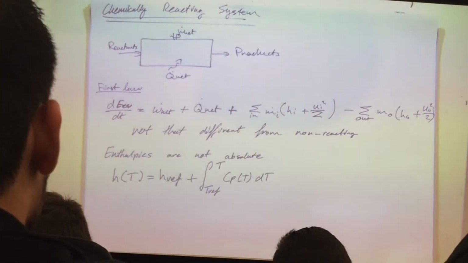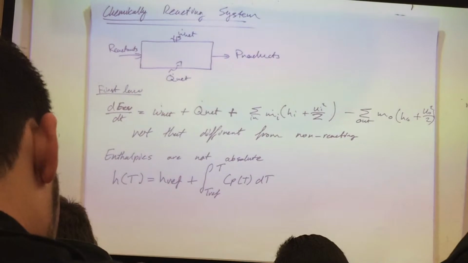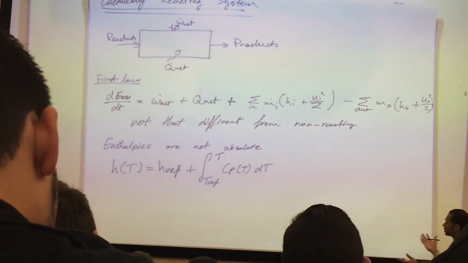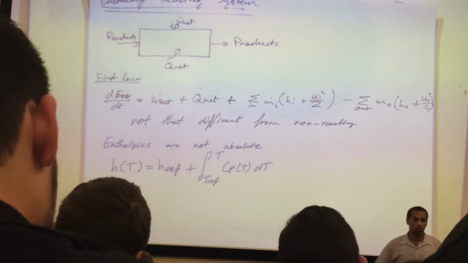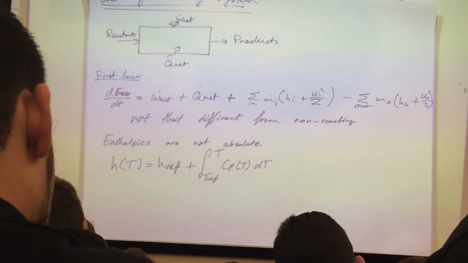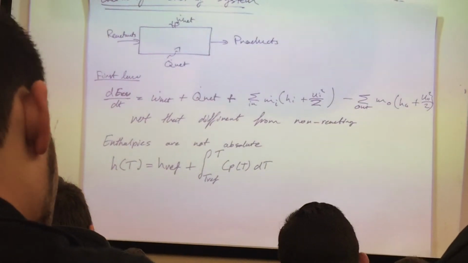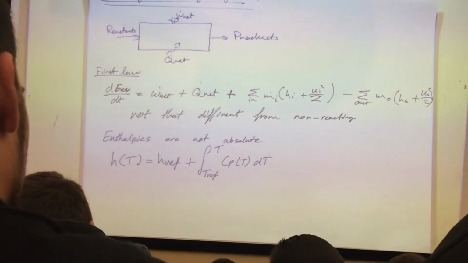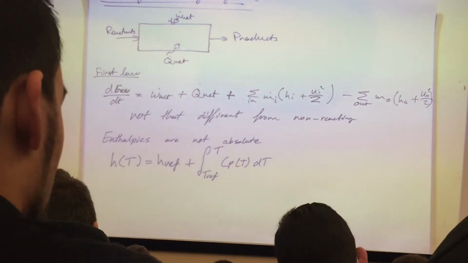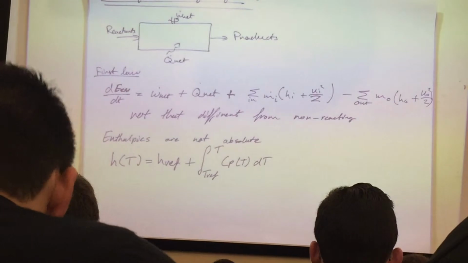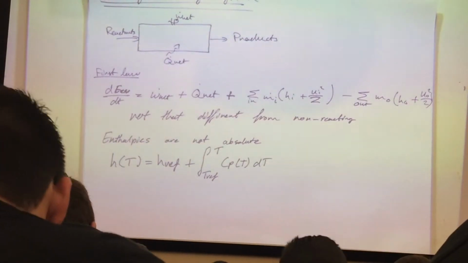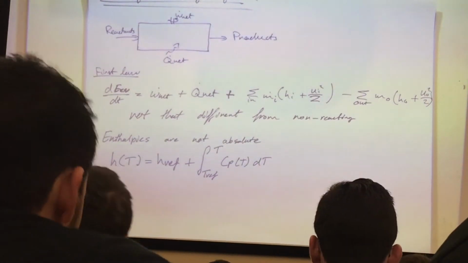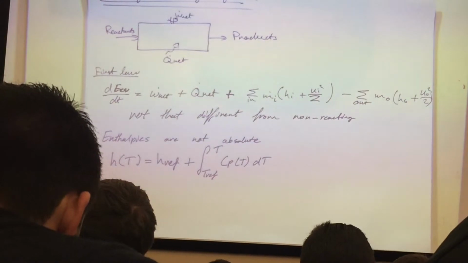Still the same first law, still the same conservations. All the difference is I have to bookkeep enthalpy differently, because I have reactions that are happening. I'm going to get a source of heat from the reaction itself. And we're going to prove that shortly, heat of reaction, or lower heating value. Some of you dealt with this in the past.